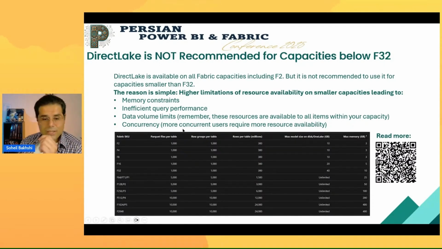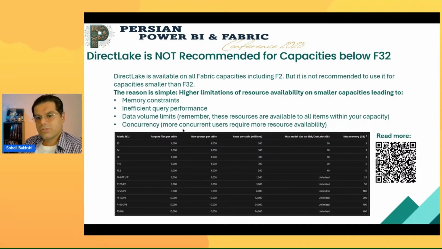Concurrency is actually something that a lot of organizations do not think about beforehand. And concurrency refers to when concurrent users are using the same report or your ecosystem, right? Let's say I build a semantic model and it is serving 100 users.